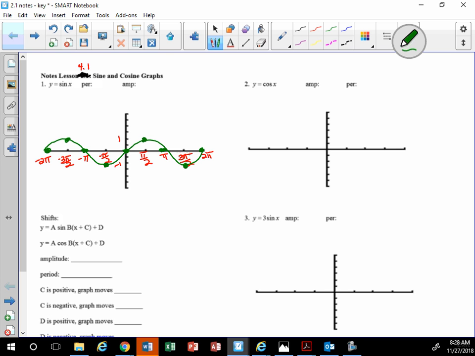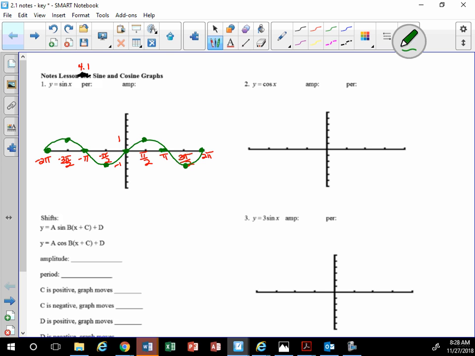And it will keep repeating forever, but we don't really put arrows on the end of it. That is the parent graph for your sine function.